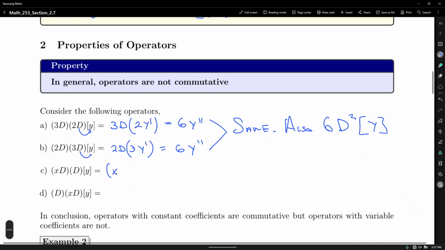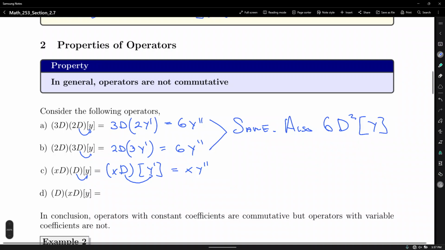So keep the xd. What happens when we do dy? Doesn't that become y prime? What else do we do? What does the d do on the y prime? Doesn't that give a y double prime? Keeping the x in the very front, that's x y double prime. So that's what we're going to get here.